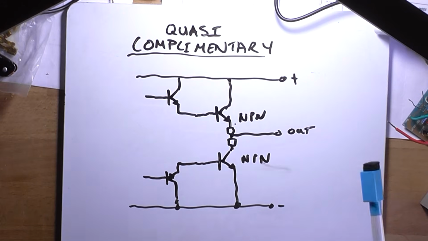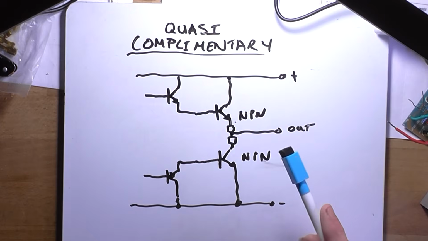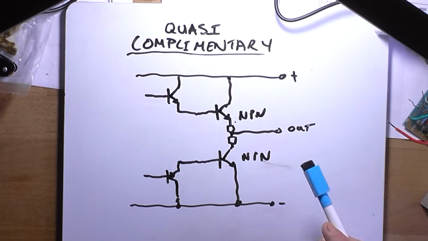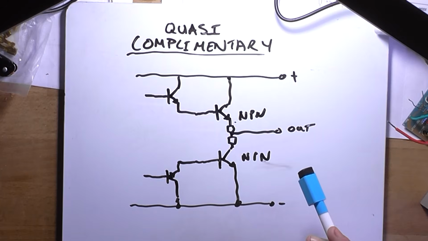So that is the main reason why quasi-complementary was used, what it means, and that's basically it. There's nothing more to discuss on that type of output symmetry. In fact, the quasi-complementary is still used today, as I said, in a lot of integrated circuit output amplifiers. It's just cheaper to manufacture, that's the main reason.